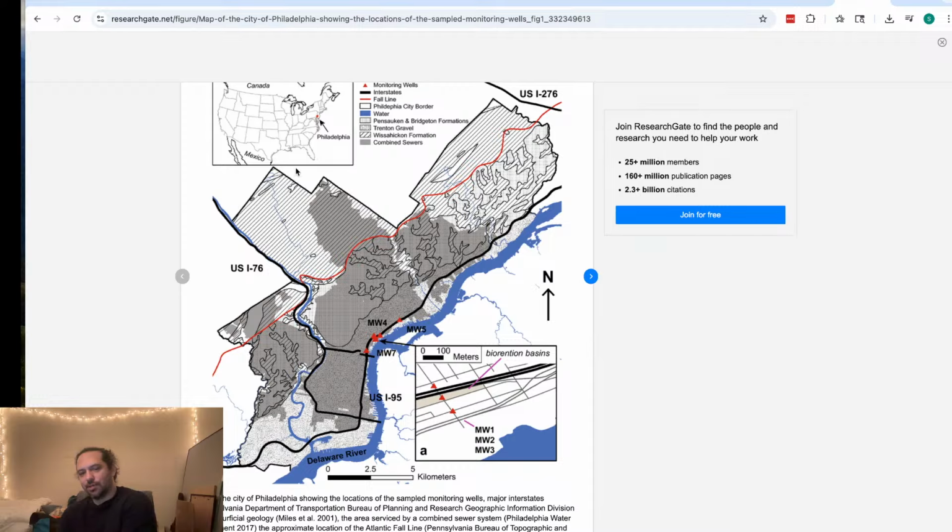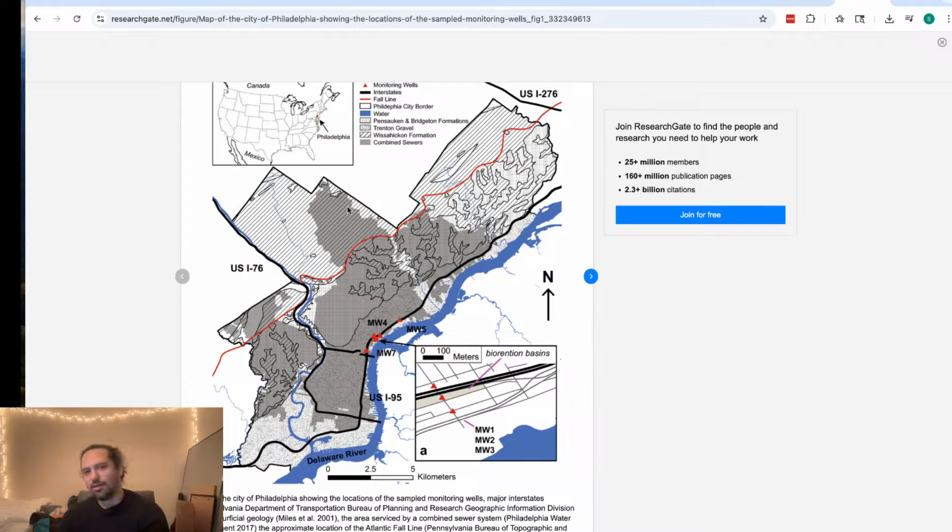What's to the north? To the north is Montgomery County, more or less, right? Roxborough and Manayunk. So why did I say Montgomery? Montgomery County is definitely to the west, but Roxborough, Manayunk, and Germantown are sort of north of the Fall Line in Philadelphia. Am I getting that right?